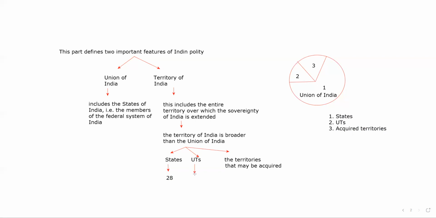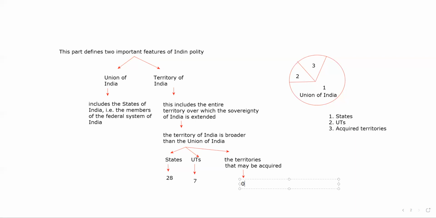Seven union territories. Can you name those? Delhi, Pondicherry, Andaman, and I forgot, sir.